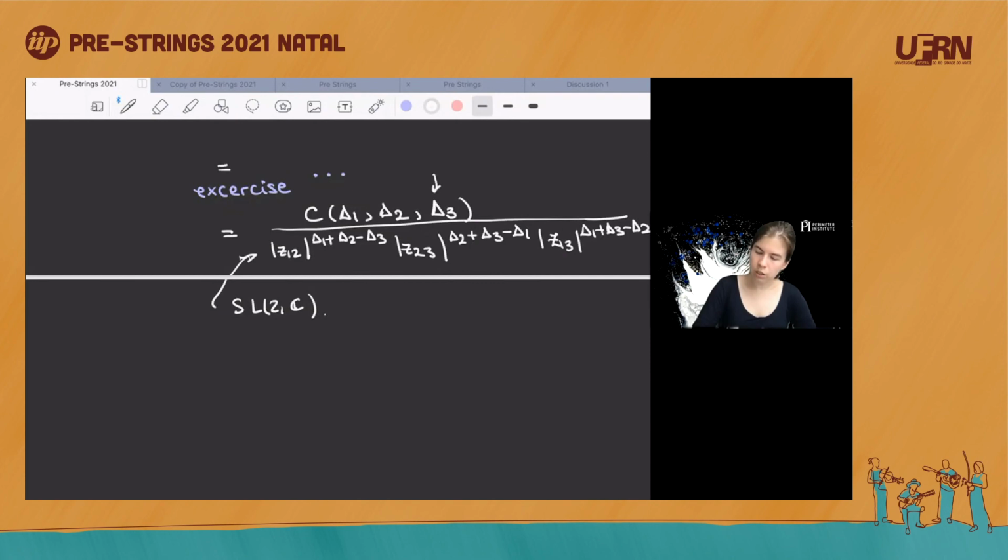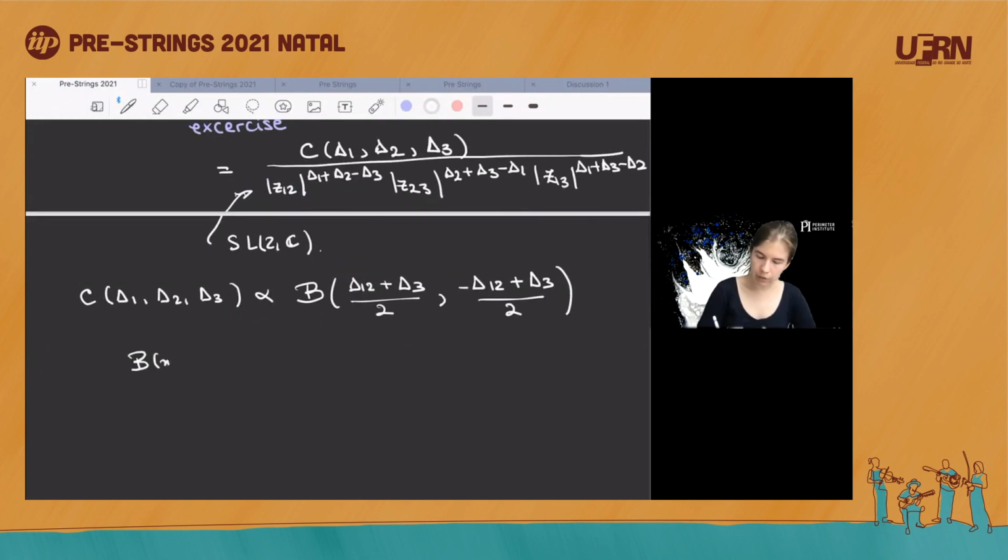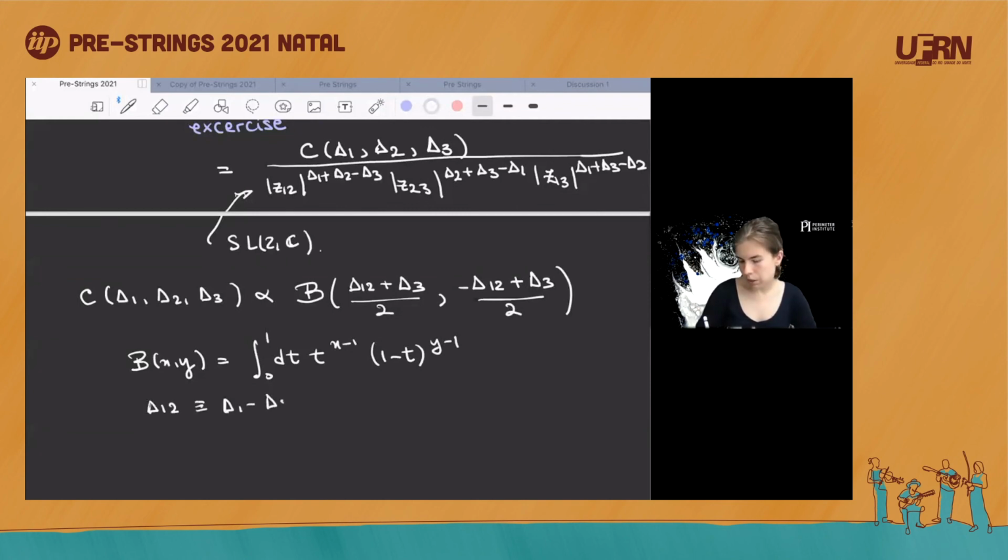But this coefficient takes a very special form. This C of delta 1, delta 2, delta 3 turns out to be proportional to an Euler beta function. I'm going to define it in a moment. Beta of delta 12 plus delta 3 divided by 2, where this beta of x and y is defined to be the integral from 0 to 1 of dt, t to the x minus 1, 1 minus t to the y minus 1, and we define delta 12 as delta 1 minus delta 2.